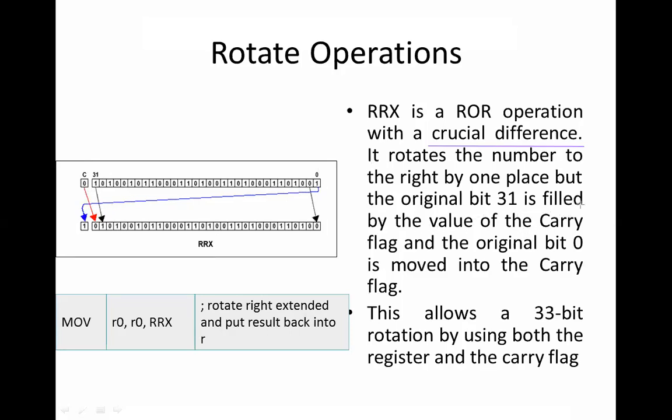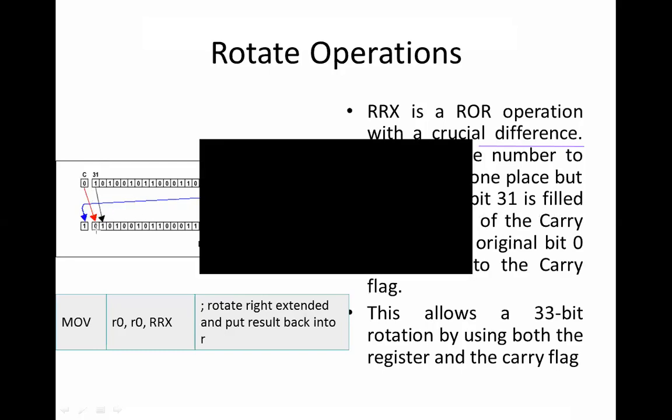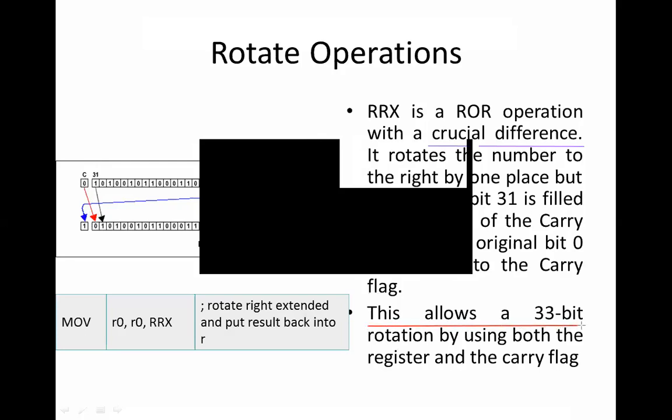The original bit 31 is filled by the value of the carry flag. So you have the carry flag here, so this value comes and sits here, right? This allows a 33-bit rotation, very important. So we are having an extra bit space here, a 33-bit operation.